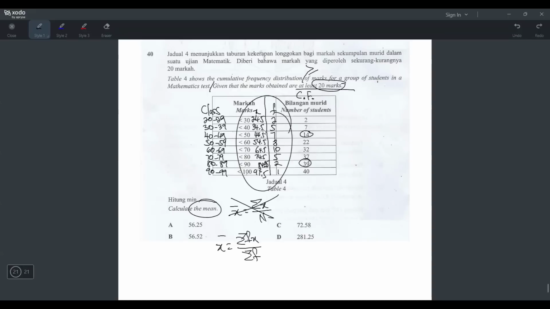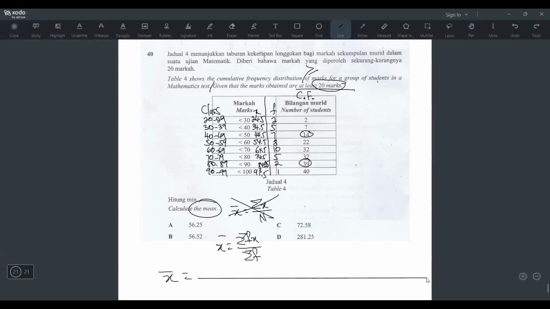Okay, with all this data, now I can finally find the mean. So what does the mean formula say? You have to take the total. This symbol means take the sum, the total. The sum of what? X times frequency. So the X and frequency, everything is here. So 24.5 times 2.